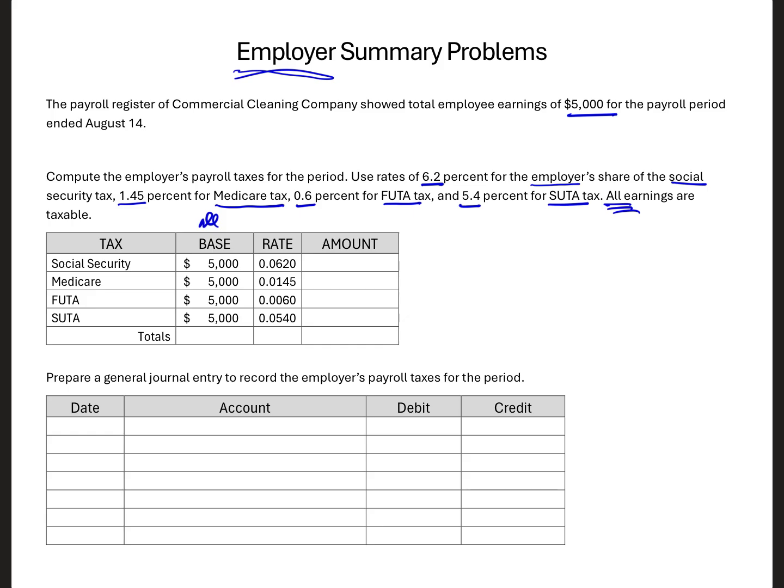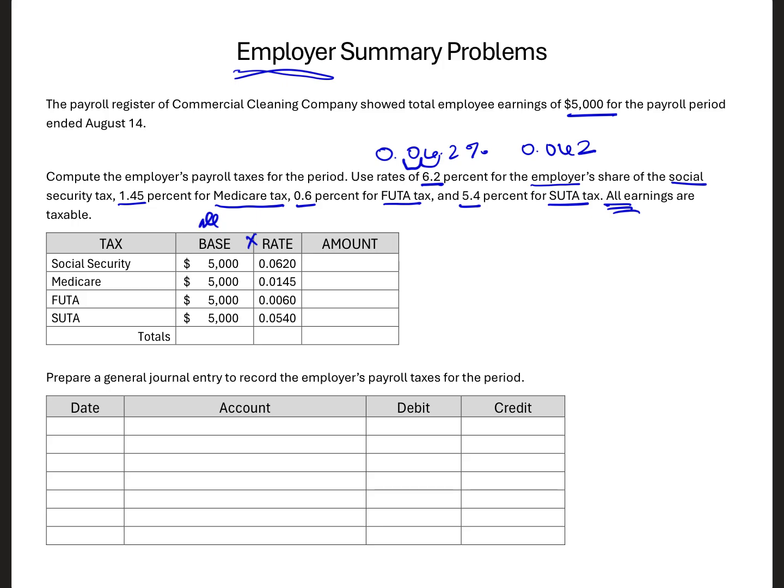So for example, to change 6.2% into a decimal, remember you move your decimal place over 2 times. So that would be 0.062 as a decimal. And I've done that for each of these taxes, and we're simply going to be multiplying the base times the rate in order to get the full tax amount.